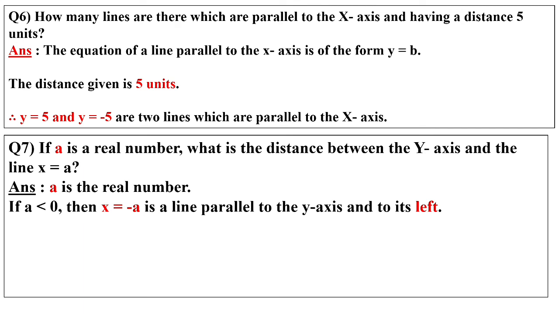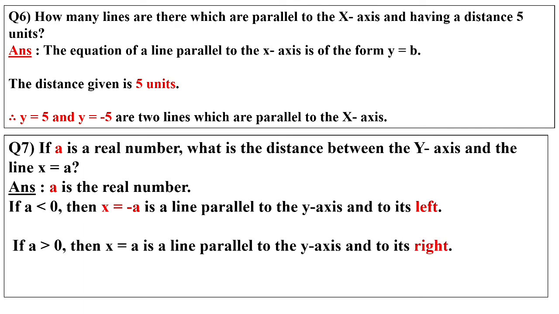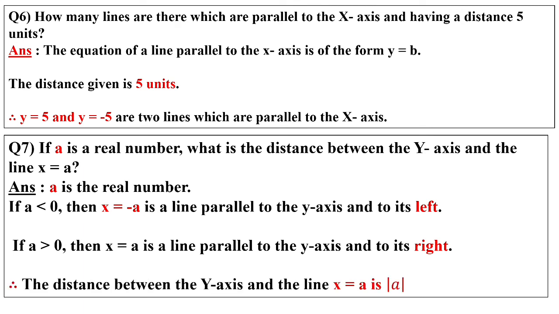Negative number means it will be on the left side. If a value is more than 0, it will be positive. X equal to a will be positive, which is parallel to the y-axis. Positive number is represented on the right side. It means the distance between the y-axis and the line x equal to a is a real number.